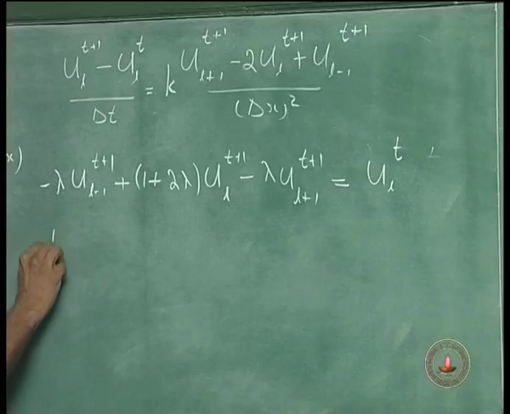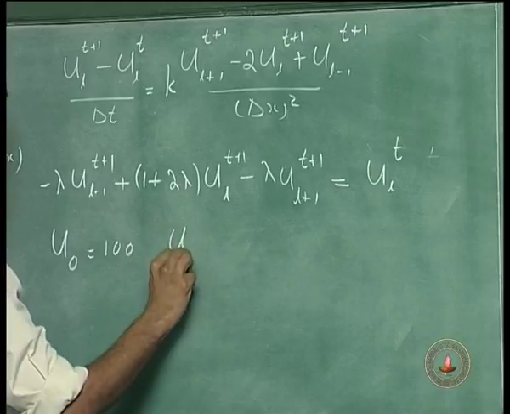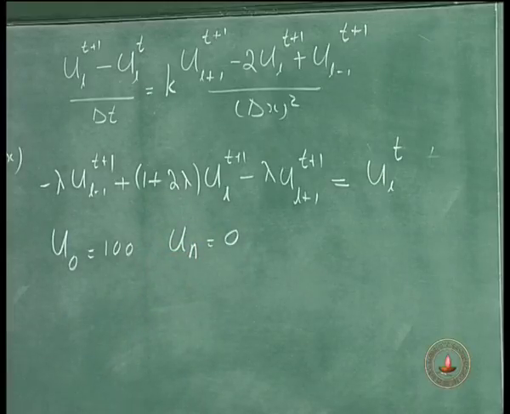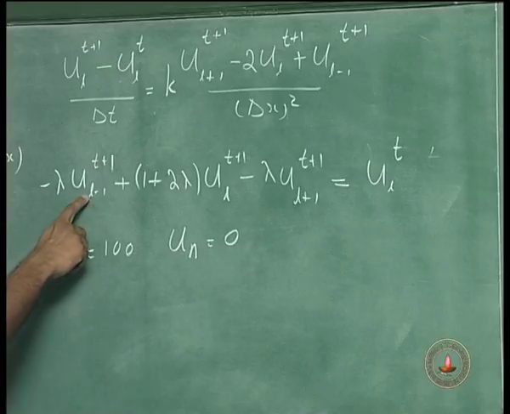Again, for l equal to 0 we do not need it. We have u0, let us say, is 100, and u(n) is equal to 0, and that is fixed at all times, for any t. Then we write this equation starting from l equal to 1 to n minus 1. For l equal to 1 it is a special case because then this term is 0.